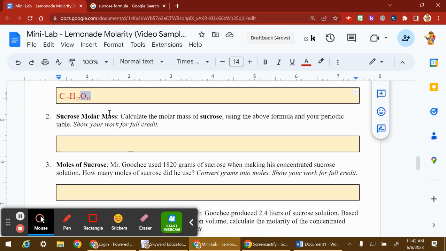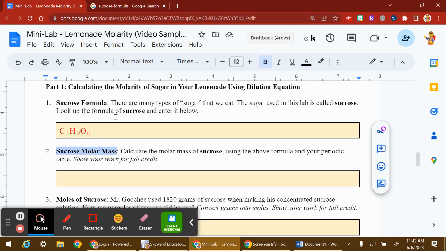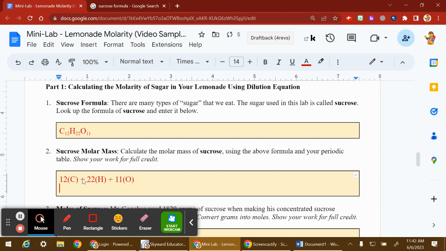Now, I want to figure out what is the molar mass of sucrose because I got to turn my grams into moles. So here we go. Molar mass of sucrose is 12 carbons plus 22 hydrogens plus 11 oxygens.